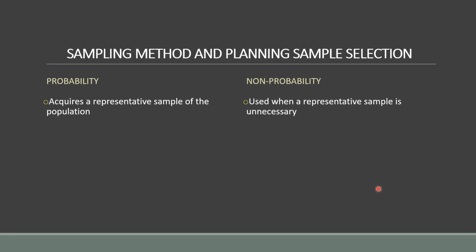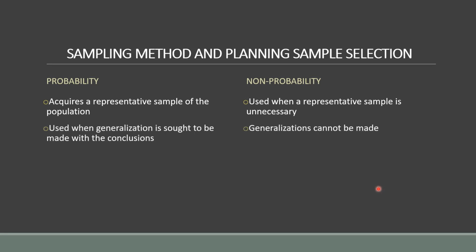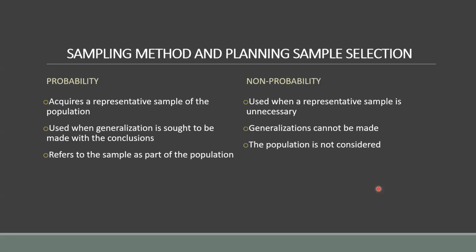Another thing, with regards to generalizations: we utilize probability sampling if generalization is being sought to be made with the conclusions. But for non-probability sampling, generalizations cannot be made. Another difference between the two: for probability sampling, the sample is part of the population, but for non-probability, the population is actually not being considered.